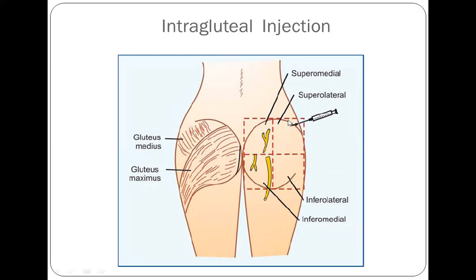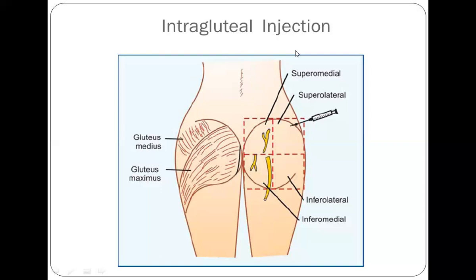Which muscle is getting pierced by the syringe during intragluteal injection? Just look at both the diagrams and tell me, the syringe is actually passing through which muscle? Yes, good. Even though it's an intragluteal injection, the syringe passes through the gluteus medius muscle.